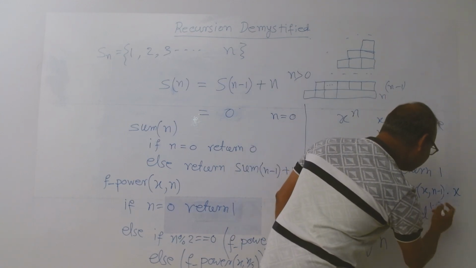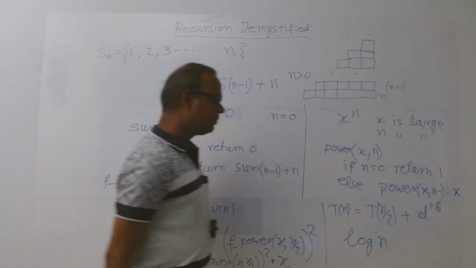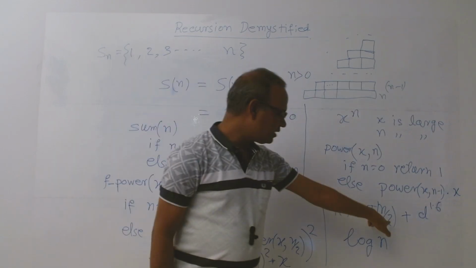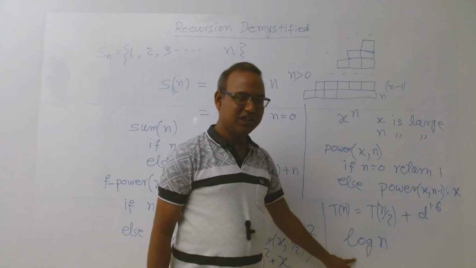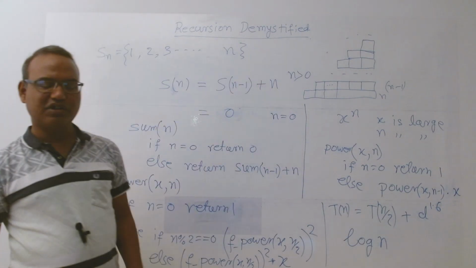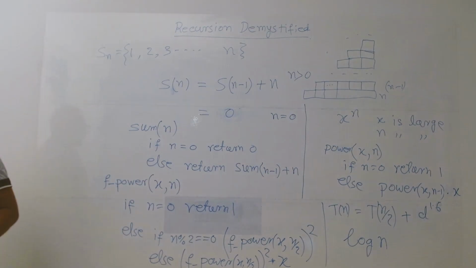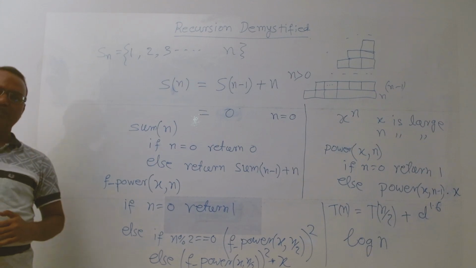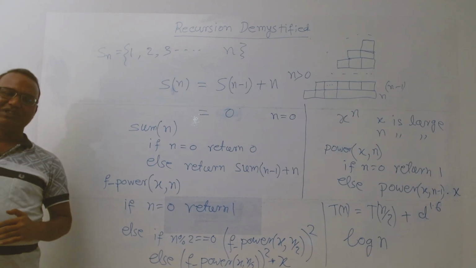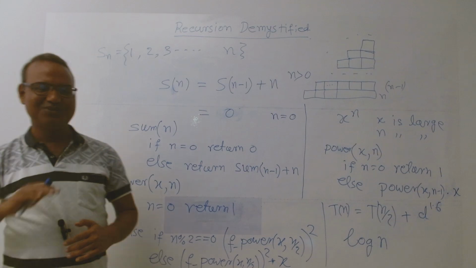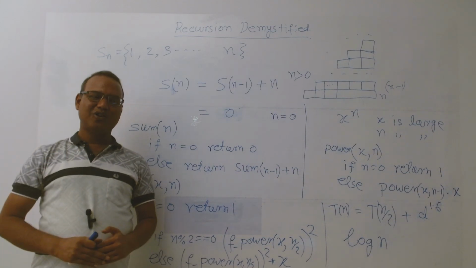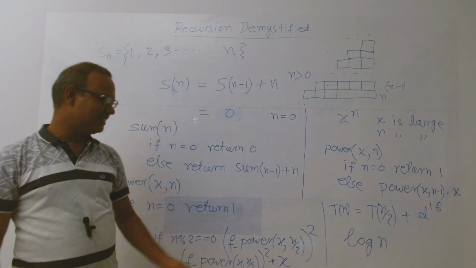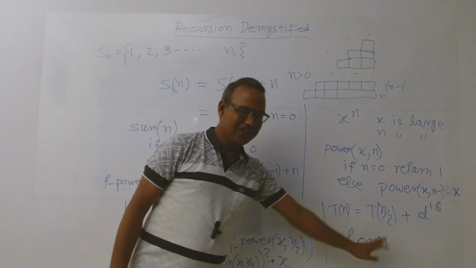So T(n) equals T(n by 2), every time half, half, half, so in log n steps you will reach the stopping condition. If you are starting from 16, in the next step you will reach 8, then 4, then 2, so log of 16 steps are required. So the complexity is log n.